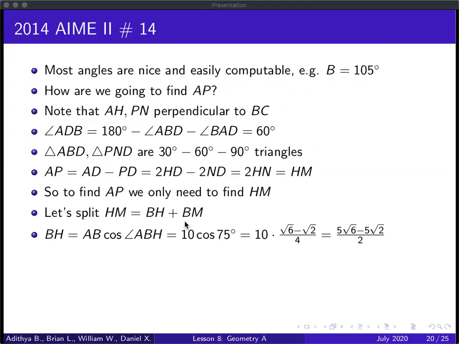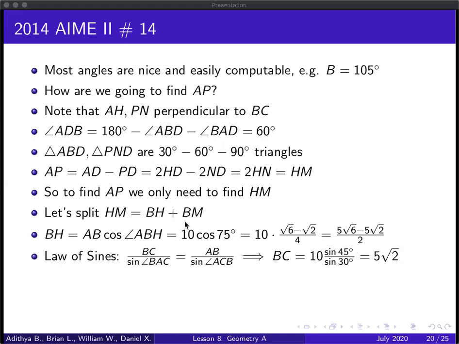In particular, BC over sine A is equal to AB over sine C. Since A is 30 and C is 45, we can just plug all of this in and we get that BC is 5√2. That means BM is 5√2 over 2.